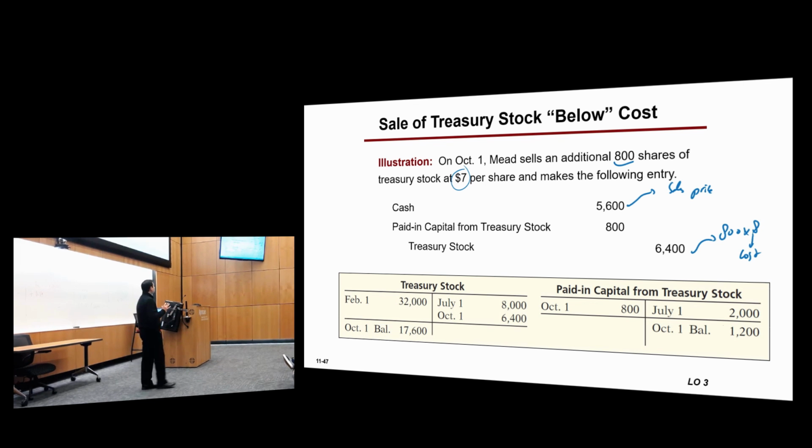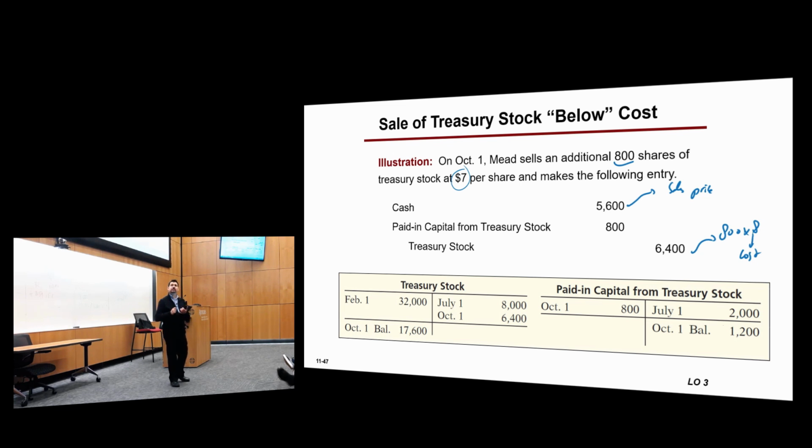So treasury stock, in both cases, whether it was sold above or below cost, will be credited the same value, based on the cost. Cash will be based on how much they received from the sale. The third part will be the difference between the two.